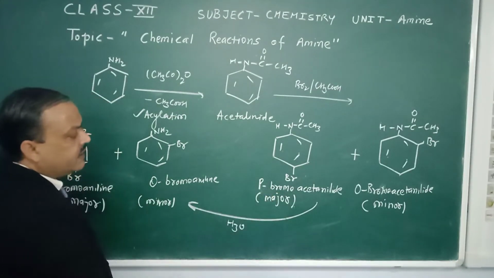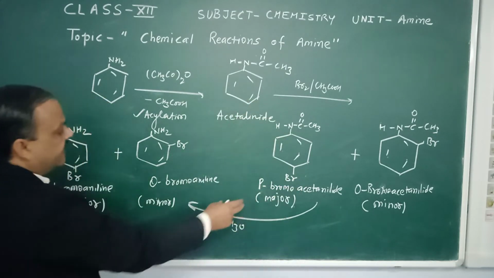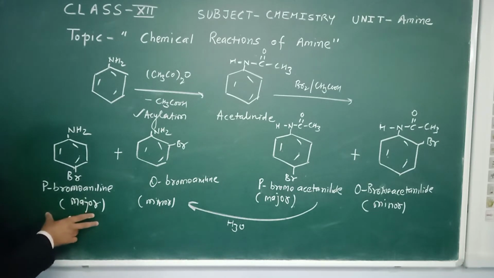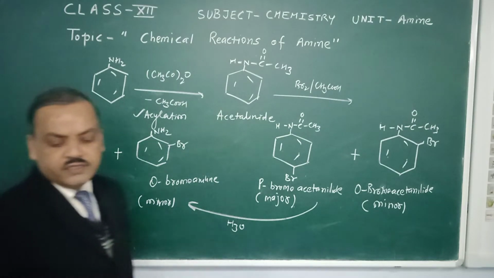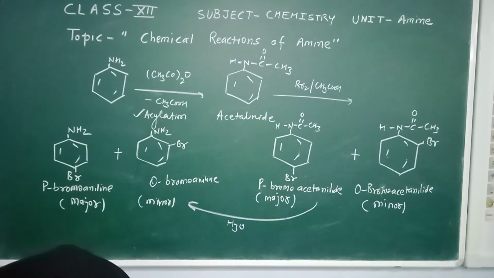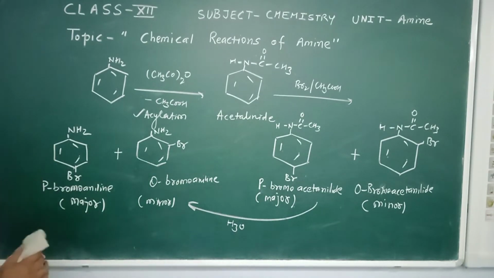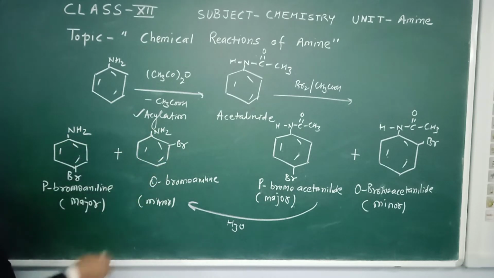First we get para-bromoacetanilide, then it converts into para-bromoaniline as the major product. This is also applied in other reactions of amines. For example, this is the explanation of halogenation.